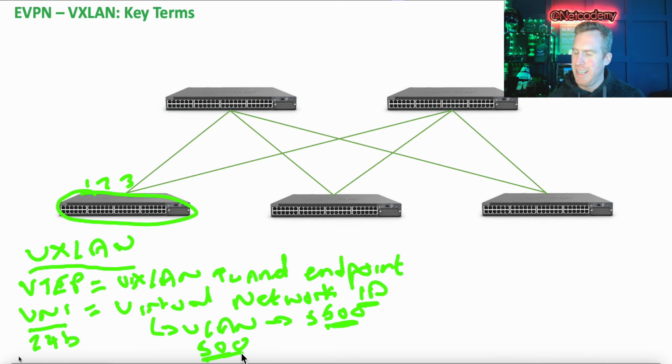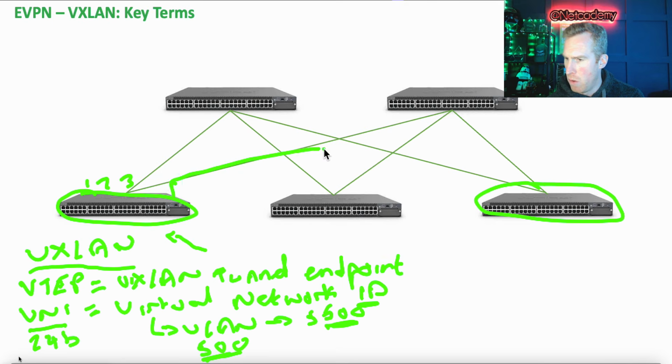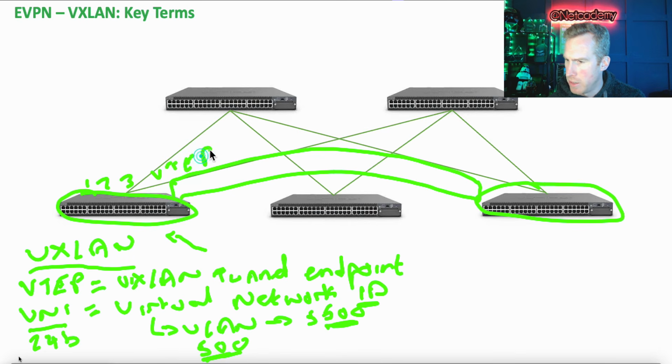So what the VNI is doing then is it's saying, well, this traffic coming into this switch that wants to get to this destination over here, I am going to build that tunnel which goes over the overlay, and check out my artistic skills here. And this is going to go through this VTEP here, and it's going to go over to this VTEP here, and this tunnel is going to have this virtual network identifier of 5500.